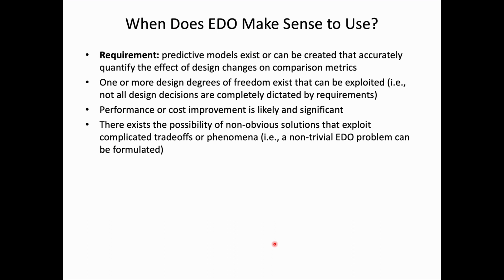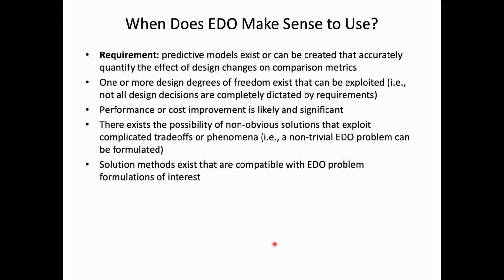But what about cases where just looking at the problem, thinking about the problem, we can't quite tell just through intuition what's going to be the best design decision? There may be some complicated trade-offs involved or complicated physical phenomena, some things that we just can't completely wrap our mind around. And in that case, that's what I would call a non-trivial engineering design optimization problem that could result in some non-obvious solutions. So if going through the design optimization effort generates some designs that we could not have arrived at using other methods, then that could be very valuable.